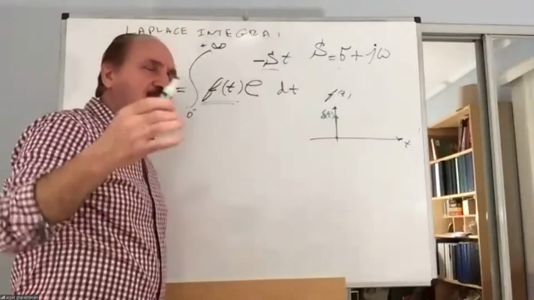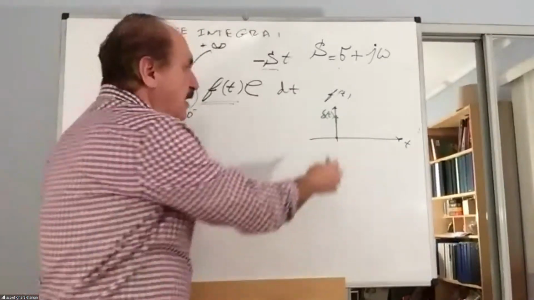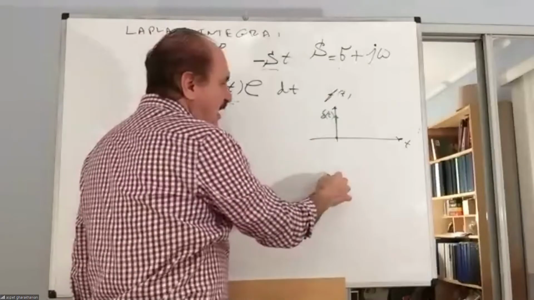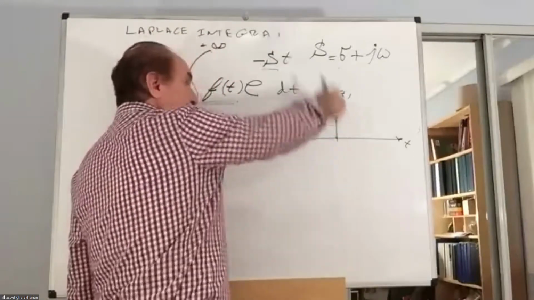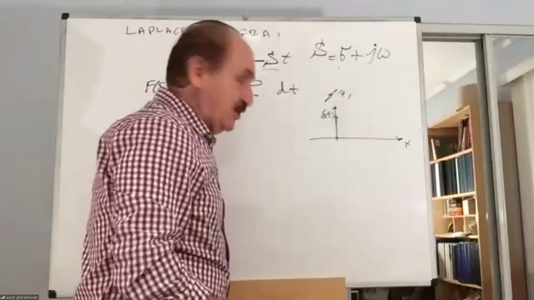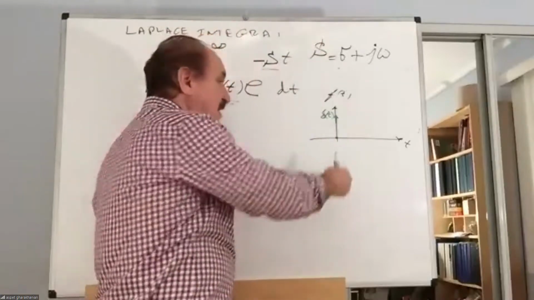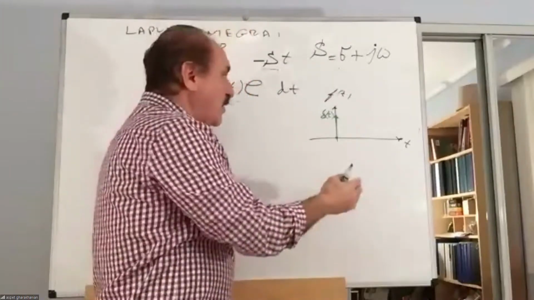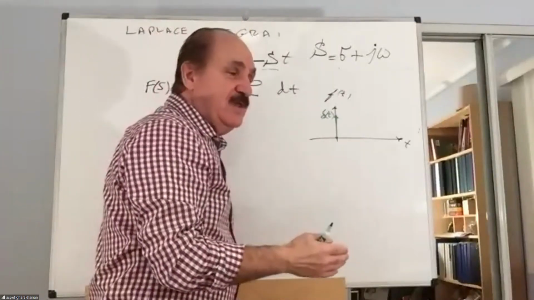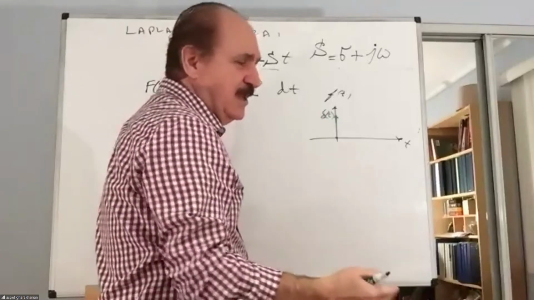Just to remind you what an impulse is. Impulse is generally a narrow pulse with a very high amplitude. Theoretically, the amplitude goes to infinity, and the width is so narrow, like 0. When you multiply them, 0 times infinity, mathematically, it's not going to mean anything.